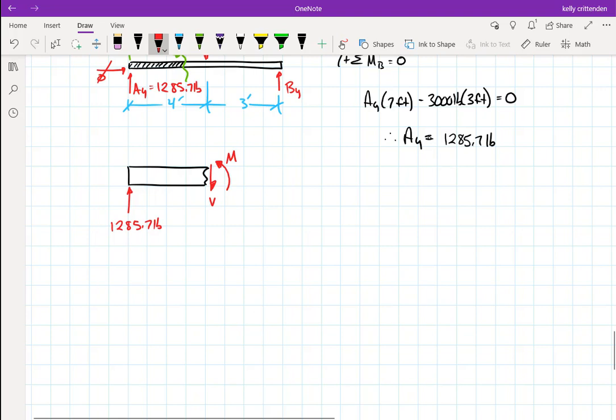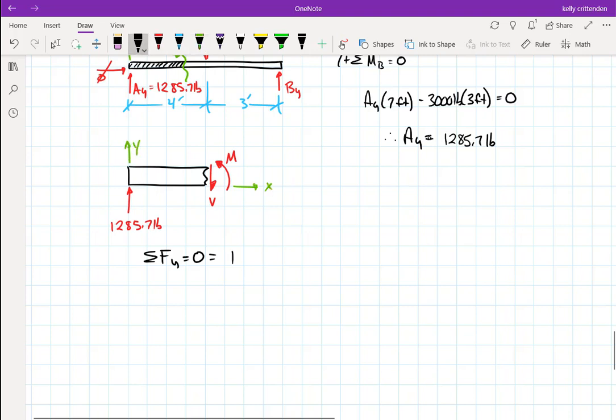At least it has a chance to be in equilibrium, depending on what I put in for V and M. And if I do, for this piece, summation of forces in the y direction equals 0, I'm going to use my normal x and y.